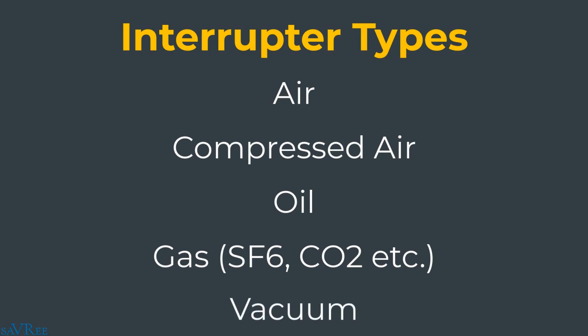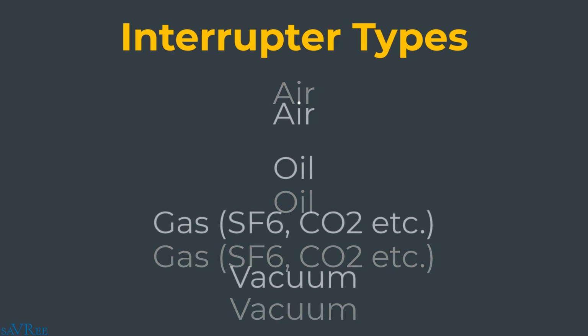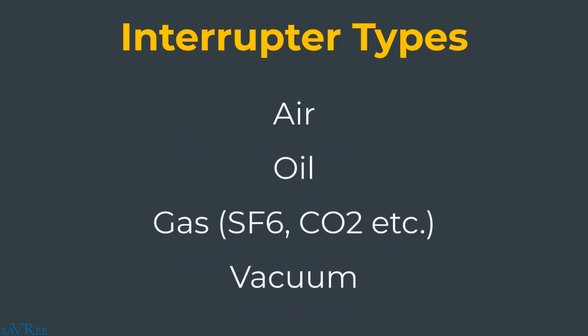So there are four main insulators that we can use to insulate the electrical contacts so that when they open, when they separate, the electrical arc will be extinguished as quickly as possible. Air, oil, vacuum, and gas, SF6 being probably the most popular type of gas that you're likely to see.